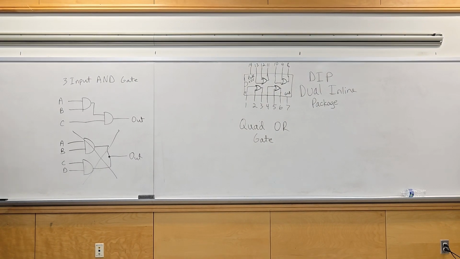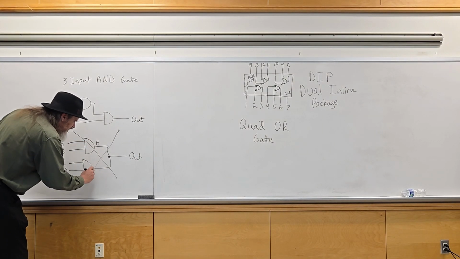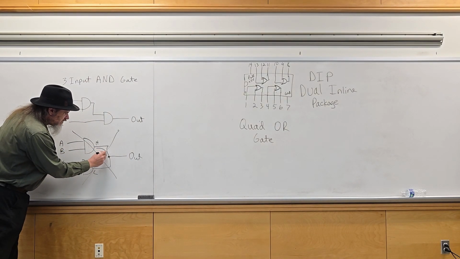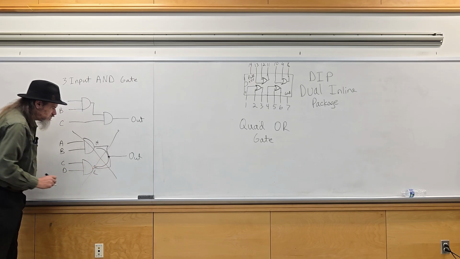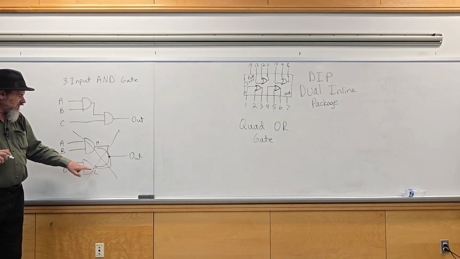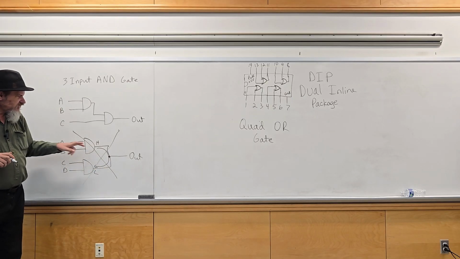The reason being is if this AND gate is high and this one's low, then you have a circuit from high to low. That's called a short circuit. And things start smoking. And we all know smoking is bad for you, especially in the lab. So you do not link two outputs together.